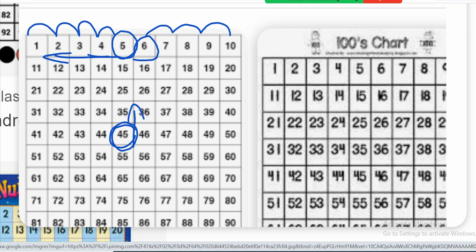When we go up, it is 35, 25, 15, backward counting in tens. When we go downwards, it is onward counting in tens, 45, 55, 65, 75. On left side it is 44, 43, 42, and on its right side it is 46, 47, 48, and 49.